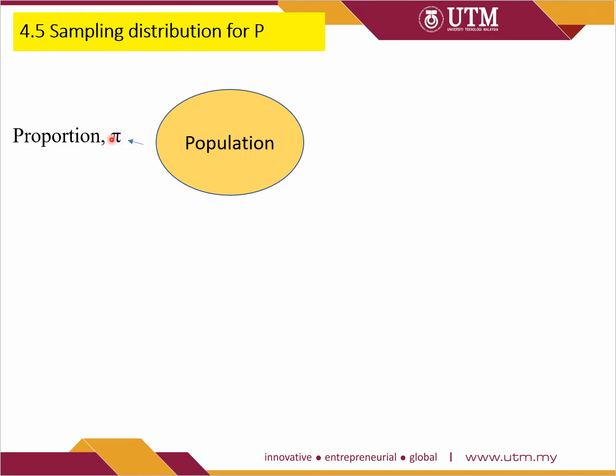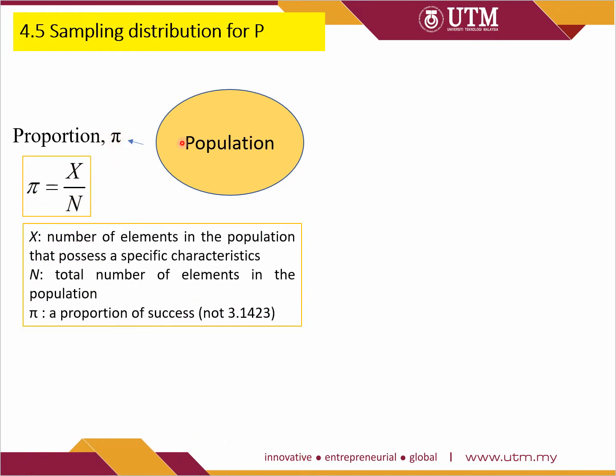We can find the proportion of the population with the formula X over N, where capital X refers to the number of elements in the population that possess a specific characteristic, which is the number of successes in the population, and capital N refers to the total number of elements in the population. Here pi refers to the proportion of success. It does not refer to the pi number, which is 3.14.